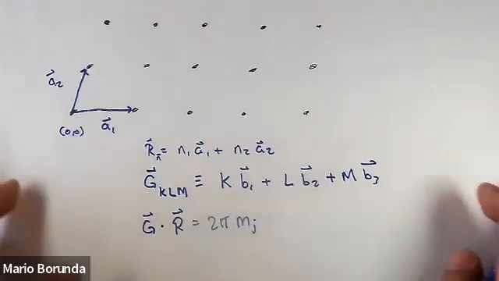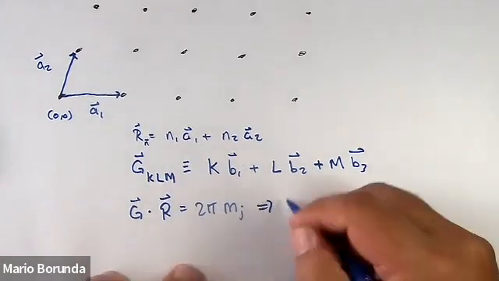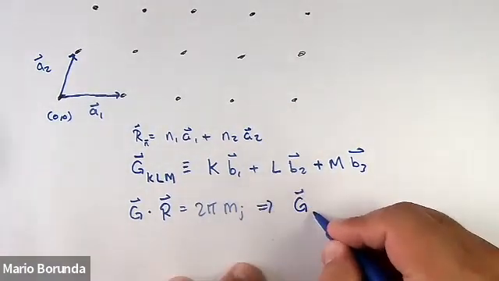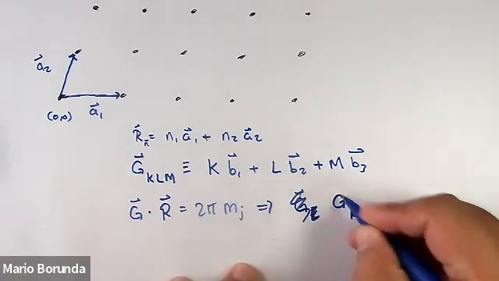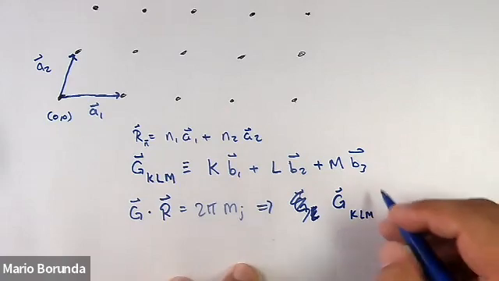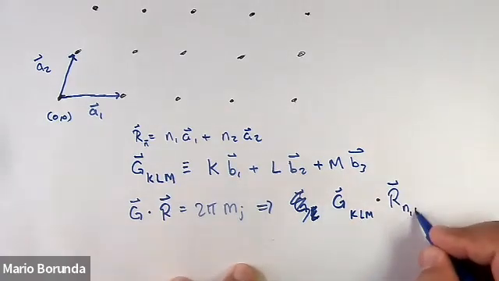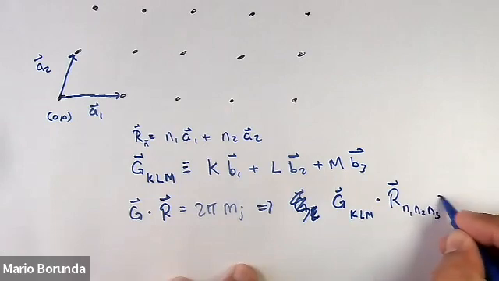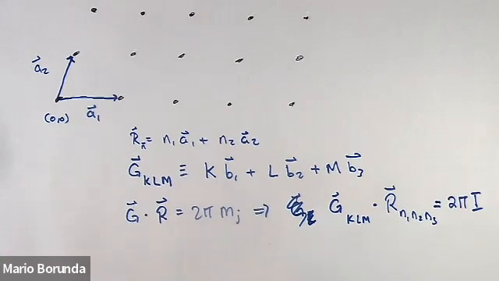So what I would need would be the following: a G with K, L, M, that when dotted with my R, N1, N2, N3, is going to give me 2 pi and some integer. Does that make sense?